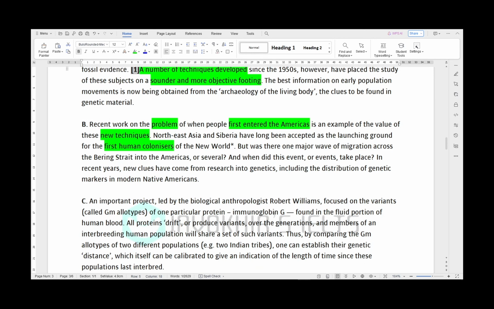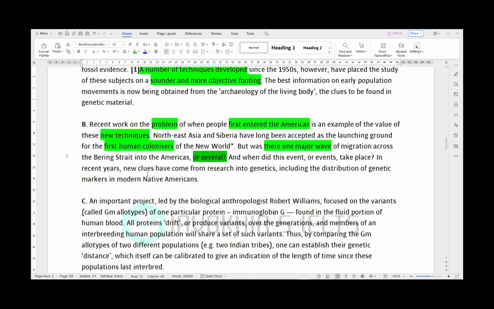So we have the word colonizer. A colonizer is a person who helps to take control of an area, usually when it's not theirs, right? Was there one major wave of immigration across the Bering Strait into the Americas, or several? And when did this event or events take place?